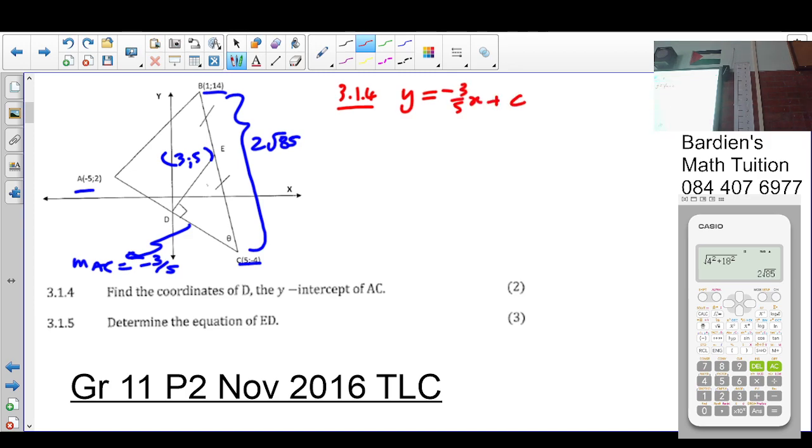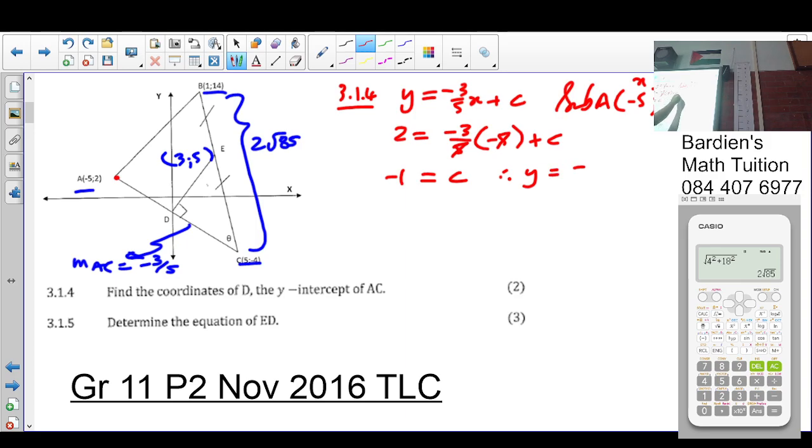Now in order to calculate c, which is also your y-intercept, I can substitute either A or C in. So we substitute A, which is negative 5 and 2. So 2 is equal to negative 3 over 5 times negative 5 plus c. This works out to be c equals negative 1. Therefore the equation is y is equal to negative 3 over 5x minus 1. But that's also your y-intercept. Therefore D is 0 and negative 1.